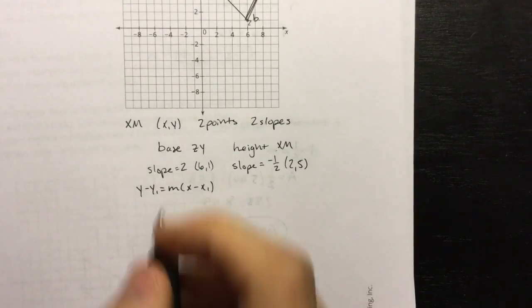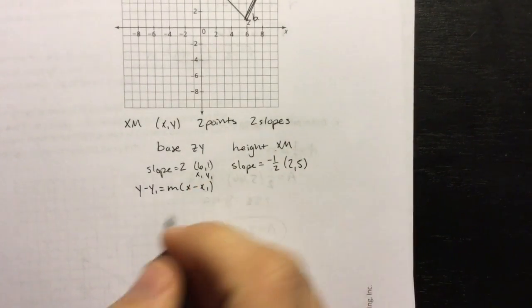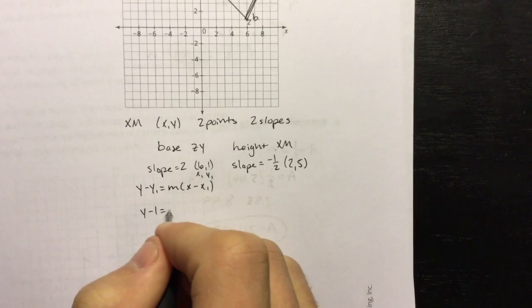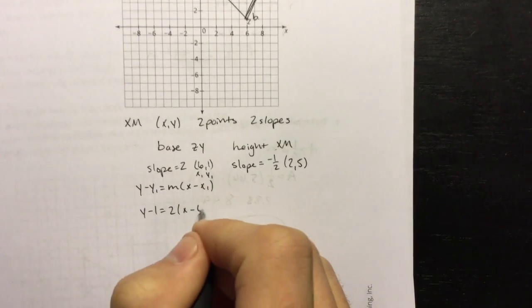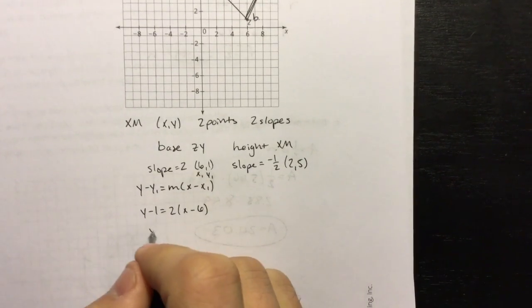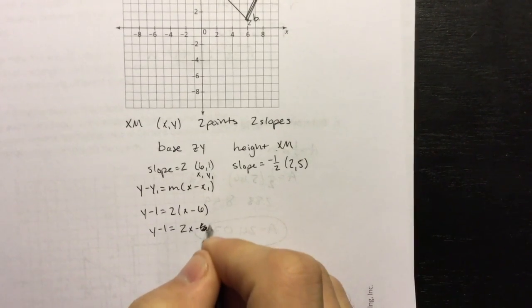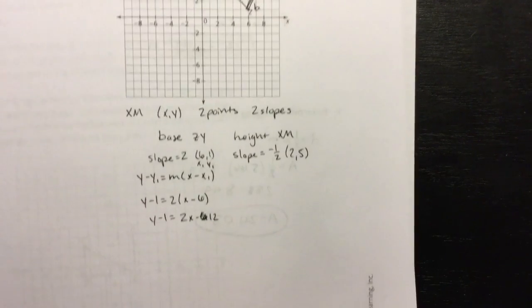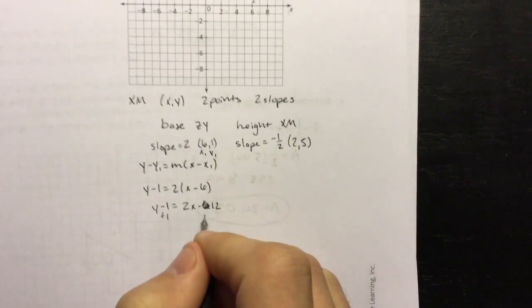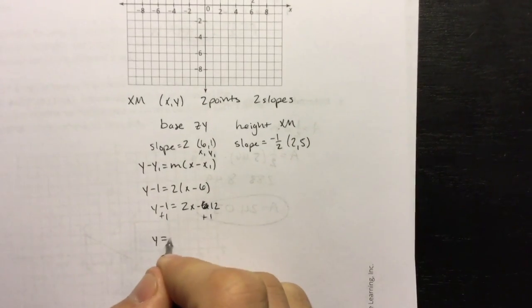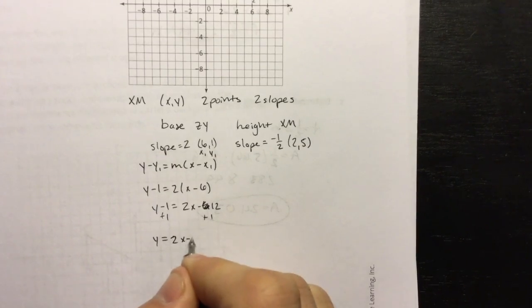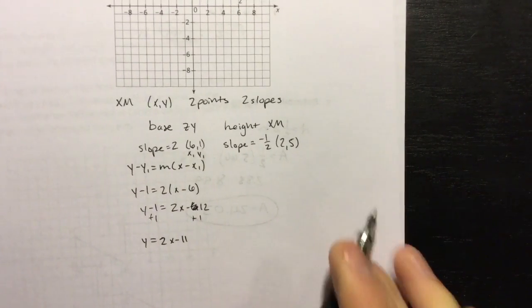I'm going to plug this in. This is going to be X1, Y1. I'm just plugging these in. Now I'm distributing. Oops, -12. And then +1, +1. So now I get Y equals 2X minus 11. So that's one of my equations.